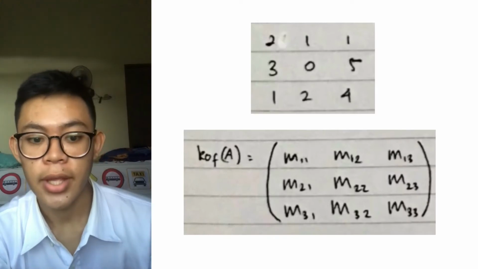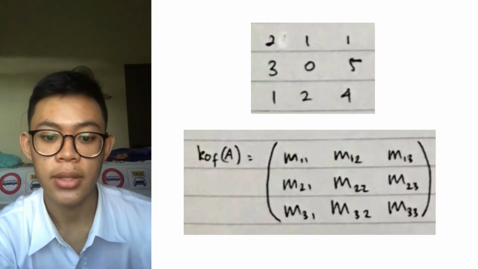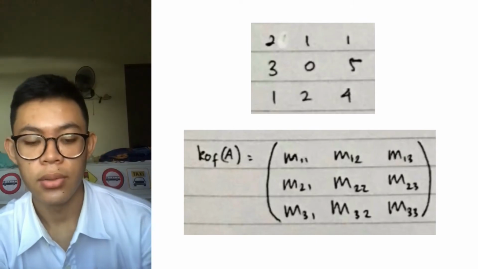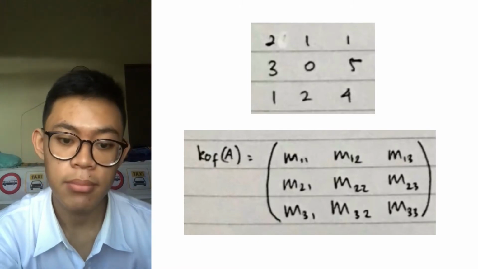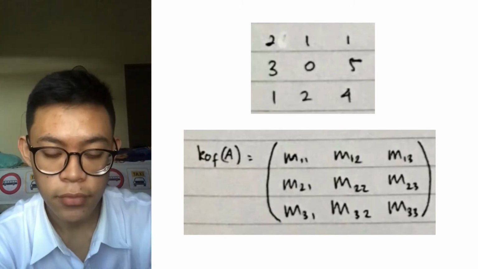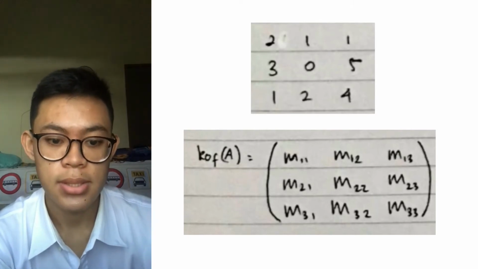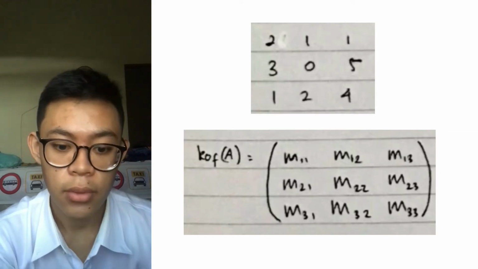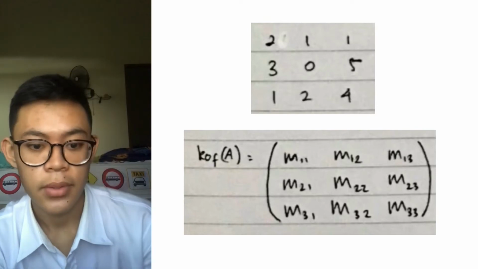To find the cofactor A, there's a formula. It has the same pattern like the one that we just did. So there will be 3 rows and 3 columns of numbers. So there will be 9 numbers. The first row and the first column formula is M11, and the second column of the first row is M12, and in the first row the third column is M13.